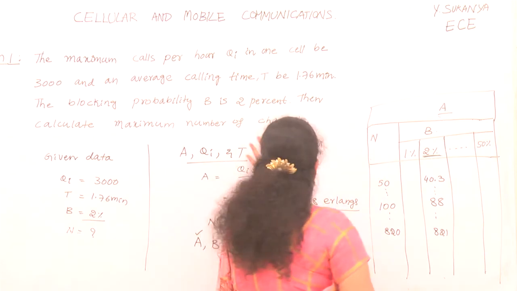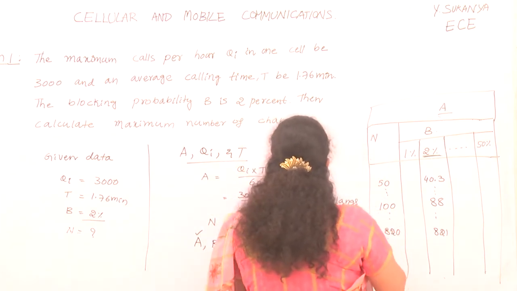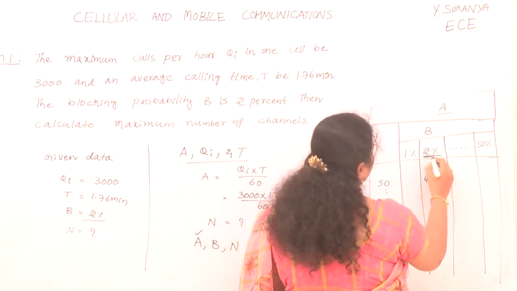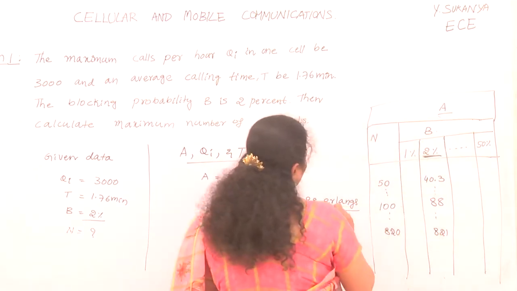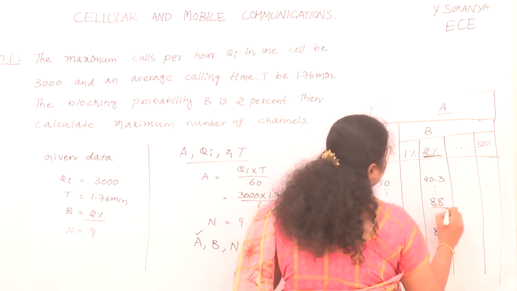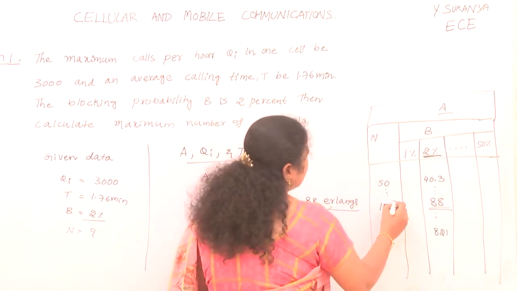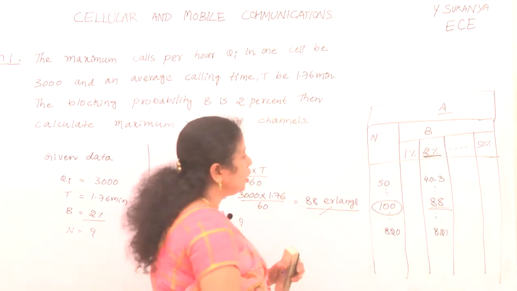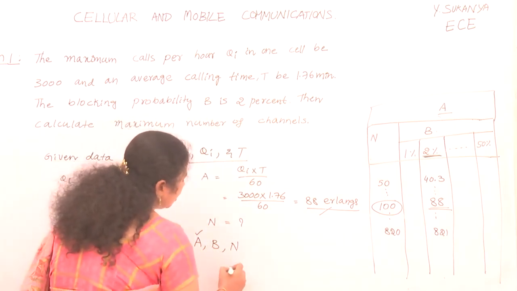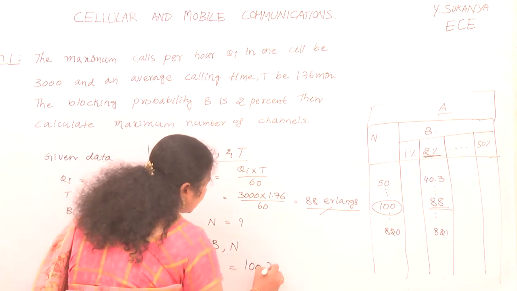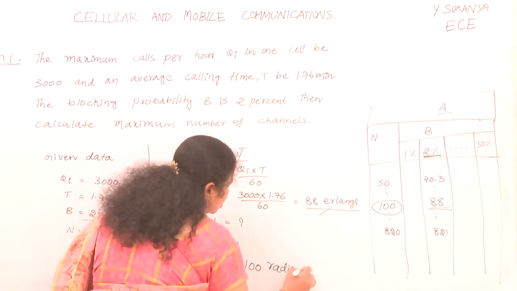For example, in this particular problem, for a blocking probability of 2% and an offered load of 88 Erlangs, it requires a maximum of 100 channels. So here it requires 100 radio channels.